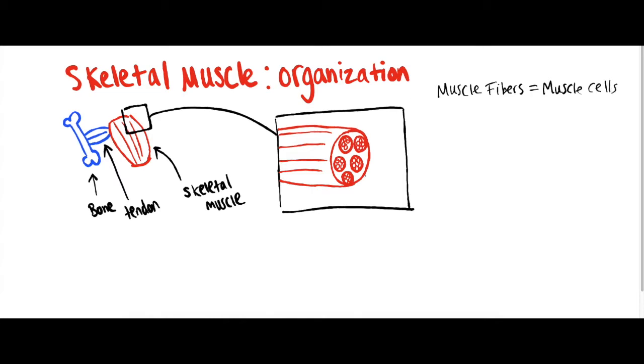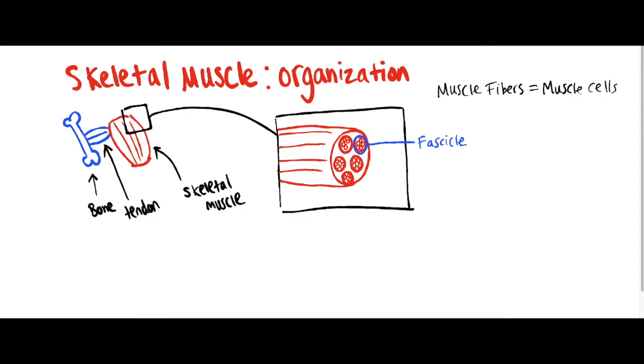These bundles of muscle fibers are going to be called fascicles. So I'm just circling one of them. This is called a fascicle. So a fascicle is a bundle of muscle fibers, as you can see here inside the fascicle.